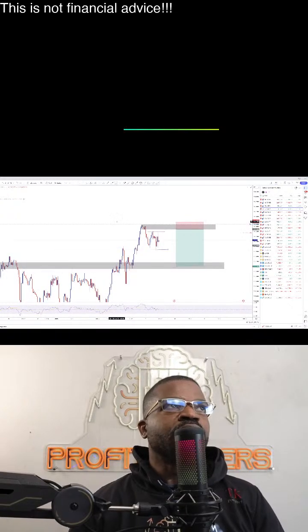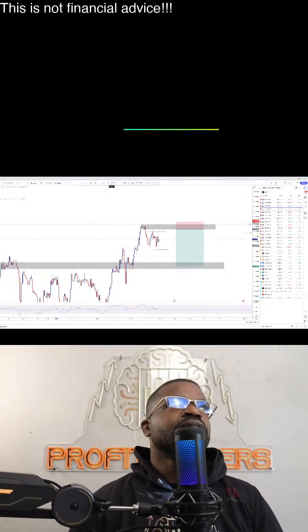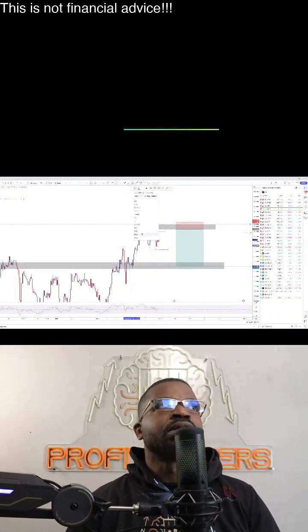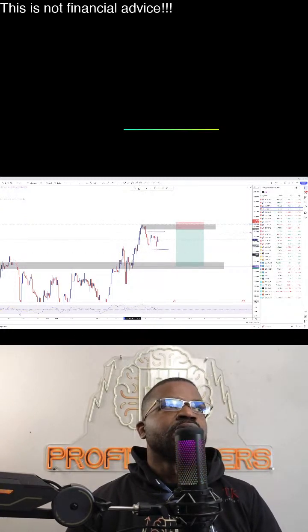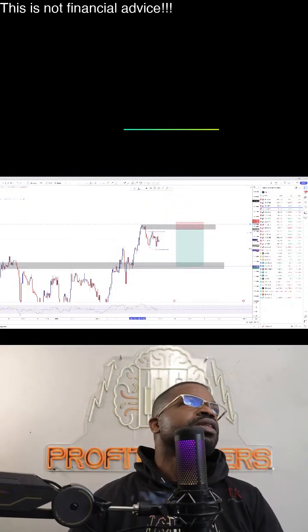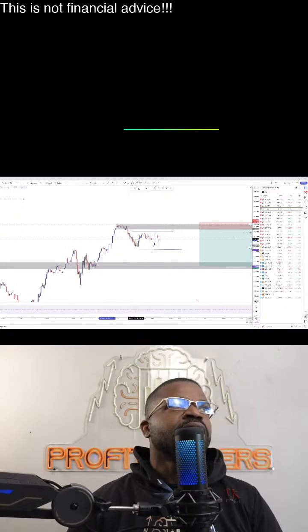So let's go ahead and put this in CADJPY. Let's give ourselves a couple targets. Right here at this double bottom, we'll make that TP3. Right here, where we got these lows, that could be TP2. And this area right here, this will be our TP1.